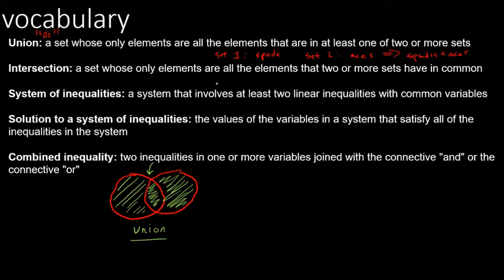Going back to our set example, if I once again had my set 1 being spades and my set 2 being aces, the intersection of these two says that my only elements are elements that my sets have in common. So what cards are both spades and aces? Well, that would only be the ace of spades.